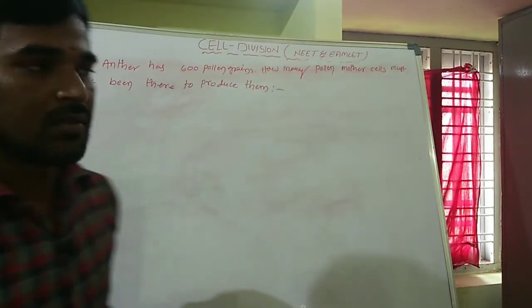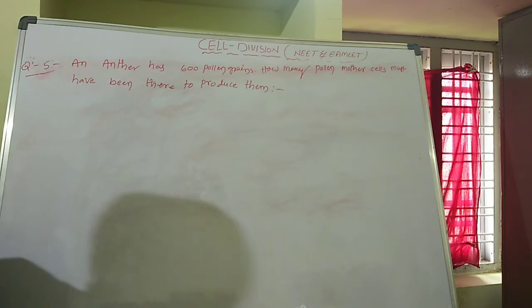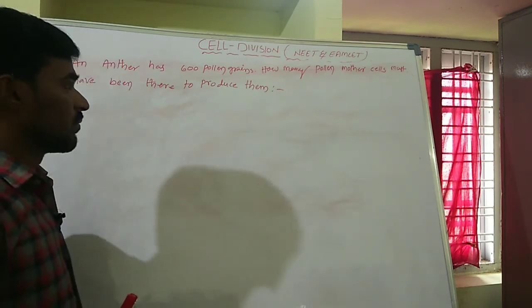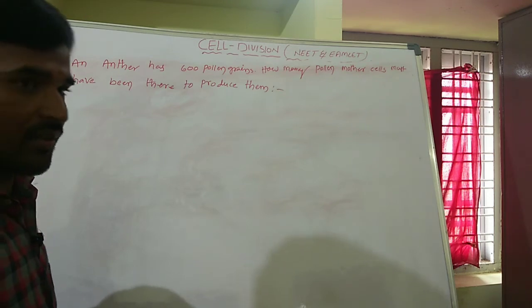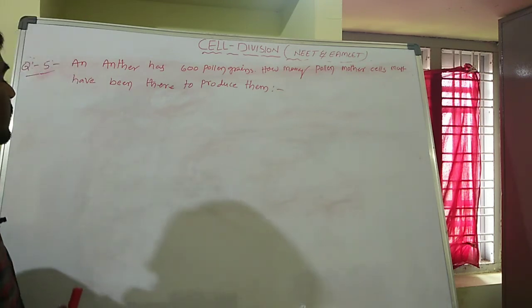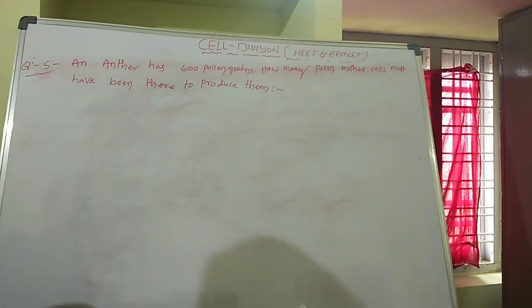Next question is, this question belongs to reproductive parts, gamete formation. The question is, the anther has 600 pollen grains. How many pollen mother cells must have been there to produce them?